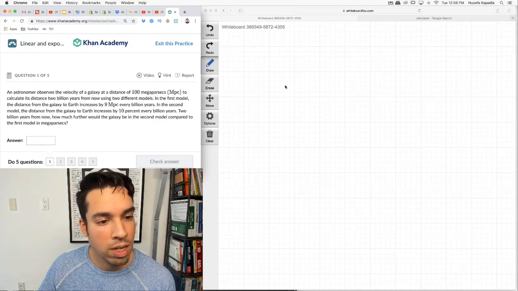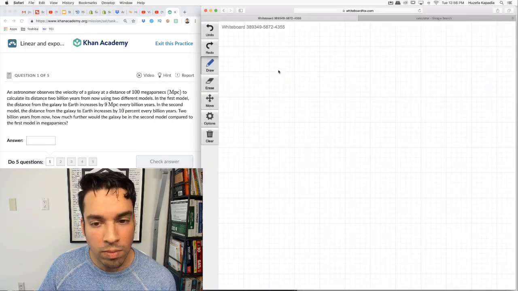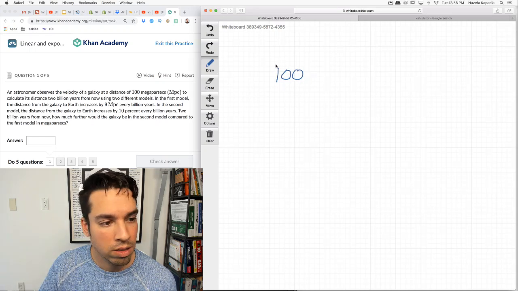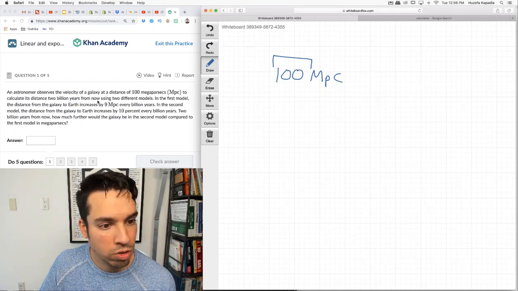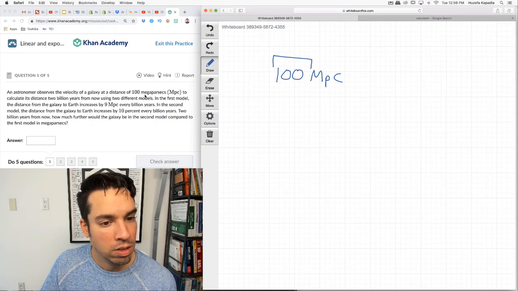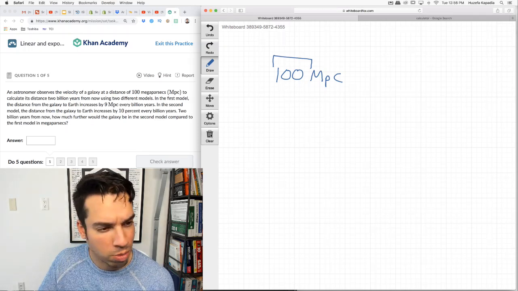An astronomer observes the velocity of a galaxy at a distance of this far away. To calculate its distance 2 billion years from now, using two different models. So it's a unit of distance apparently.